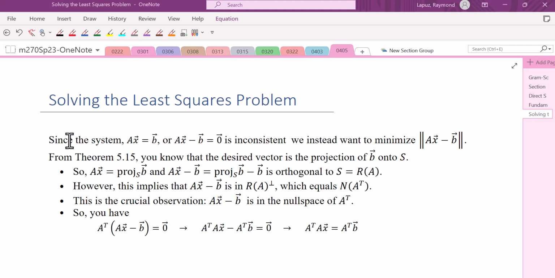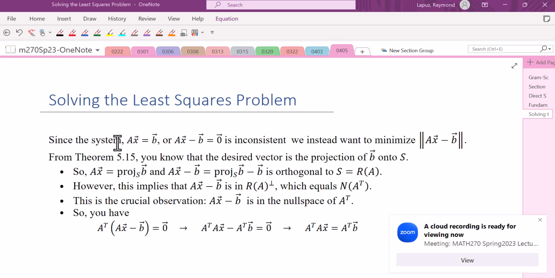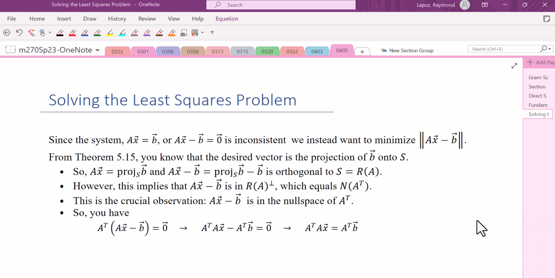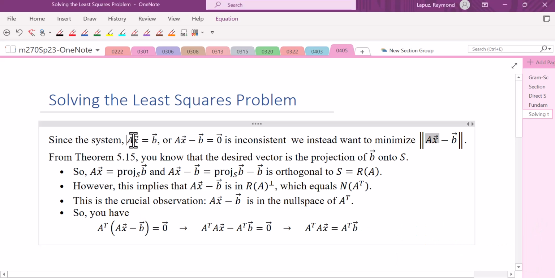My name is Lapuz. In this video we will take a quick look at the least squares problem. Our least squares problem will get us to a system of linear equations which can possibly be written as AX equals B with matrices, but there is a good chance that it will be inconsistent, or we will have no solutions.